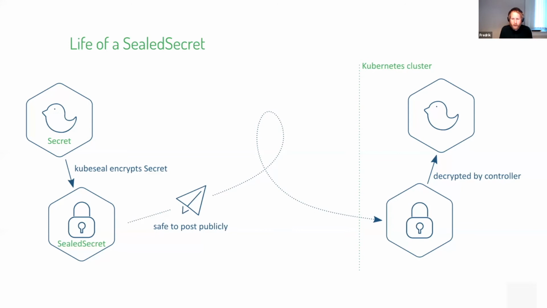So the kind of gist of it is that you have a public and private key. You deploy a controller inside of a Kubernetes cluster that's called sealed secret controller that obviously has the private key. The public key is public. Everybody can see it. There's nothing secret there. But then you use a tooling called kubeseal to encrypt your Kubernetes YAML secrets and instead create these sealed secrets.